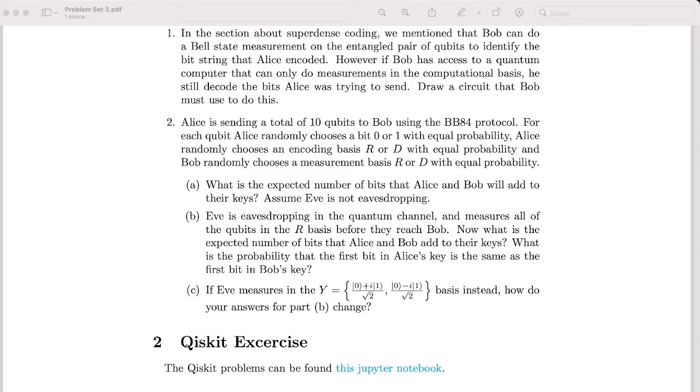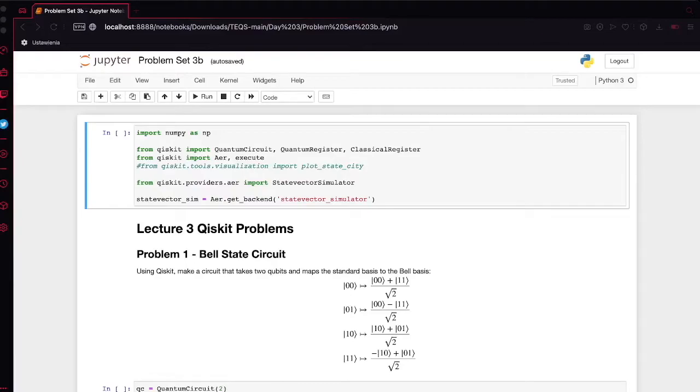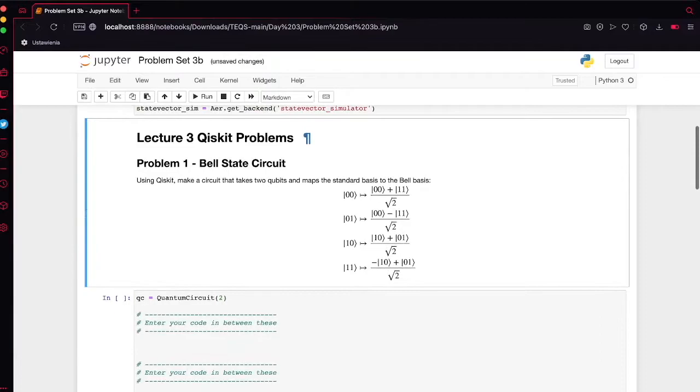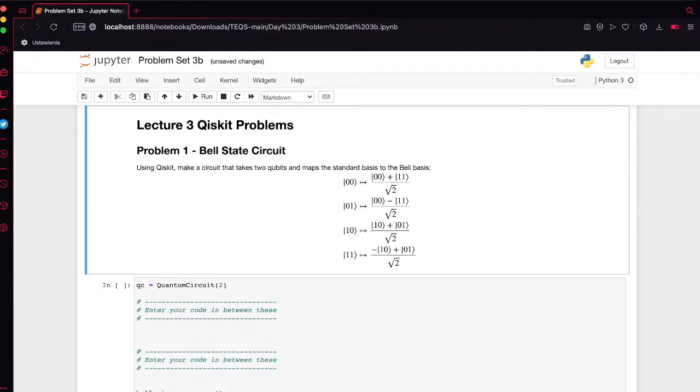Now for the Qiskit exercise part. Let's import the necessary libraries, and we can start with problem 1. So this is the transformation from the computational basis for 2 qubits to the Bell states basis, right? The basis consisting of those entangled states. We discussed it in the theoretical part of this tutorial, so I will just implement the circuit that I presented earlier.